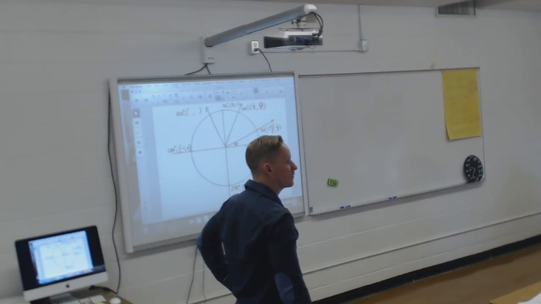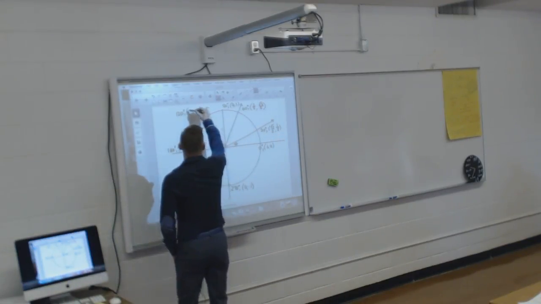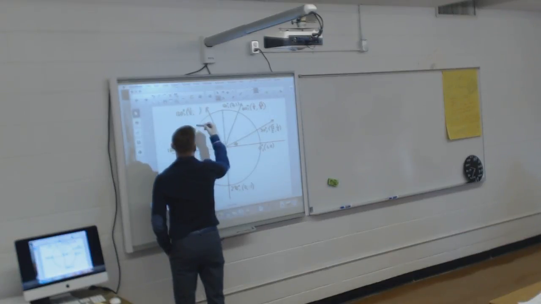Yes, it is, with one glaring difference. What's the cos of 60 degrees? It's written up there. 1 over 2. So, negative 1/2.